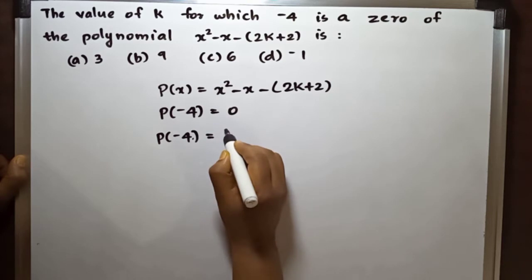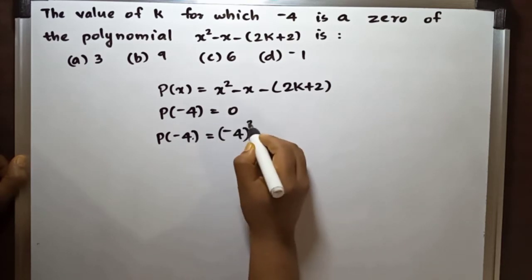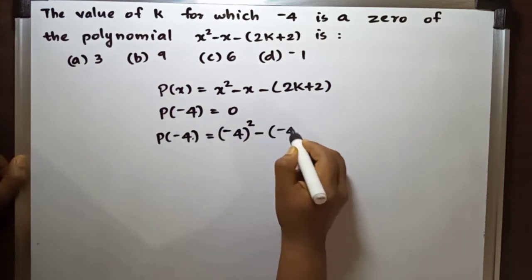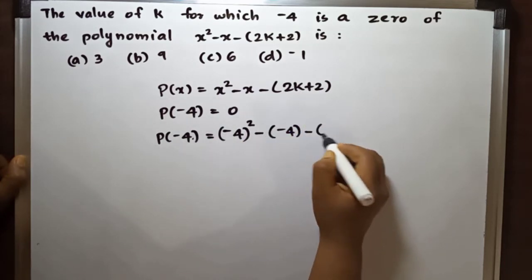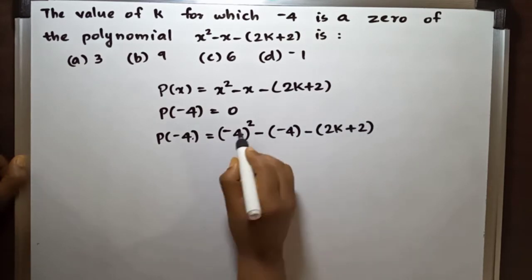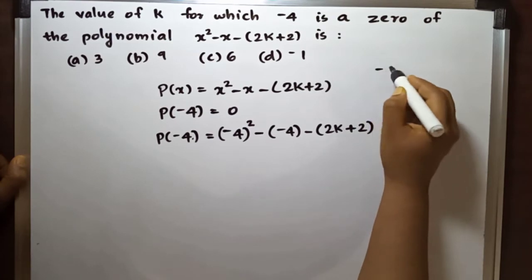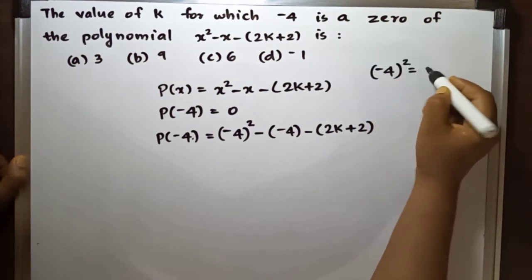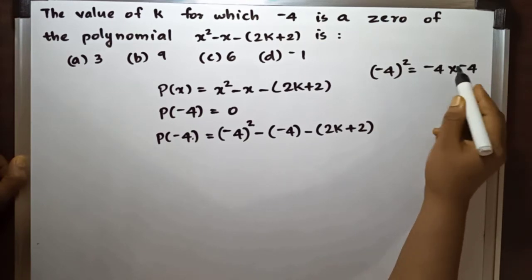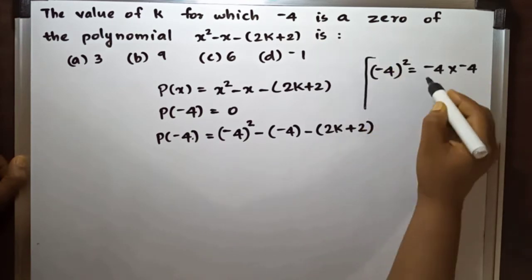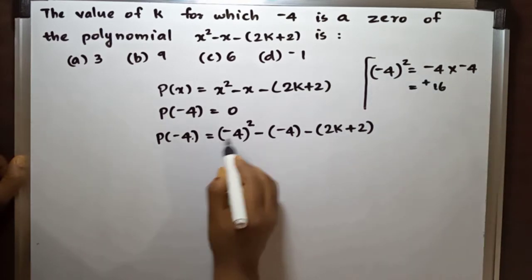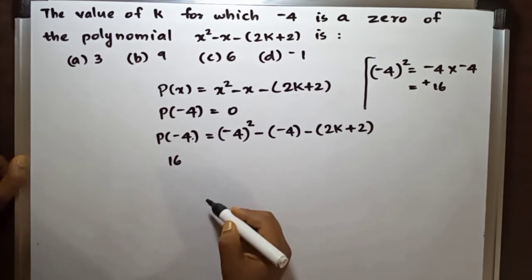So, x square will become minus 4 the whole square, minus x is minus 4, minus 2k plus 2. Minus 4 the whole square is minus 4 into minus 4. Two negative numbers are multiplied, so the answer is positive. 4 into 4, 16. So, minus 4 the whole square is 16.